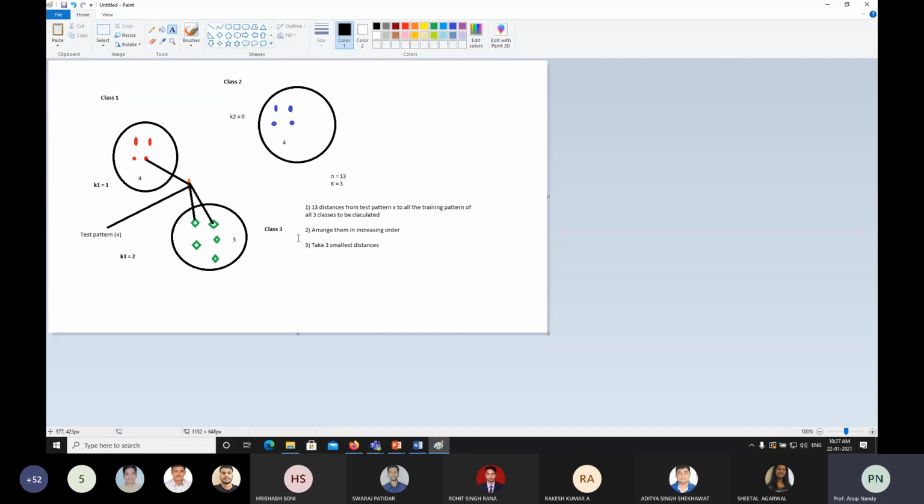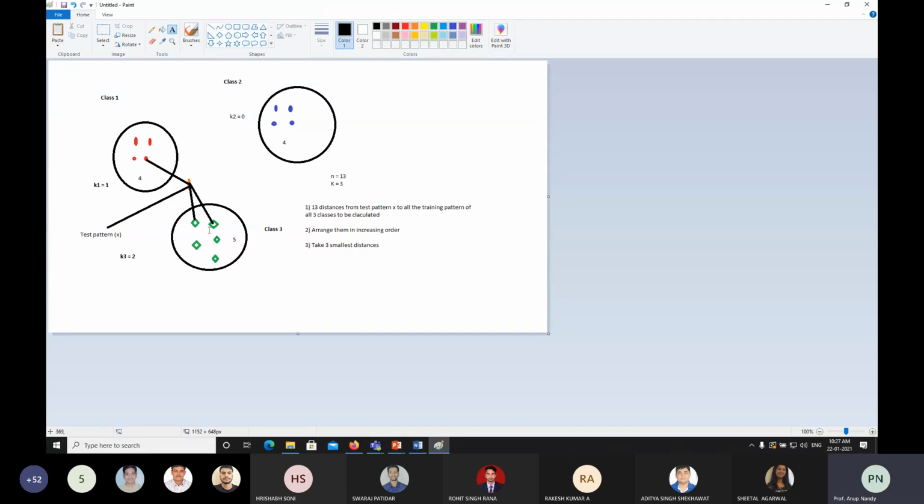Now you can see that k2 is greater than k1, and k3 is greater than k1, and k3 is greater than k2.